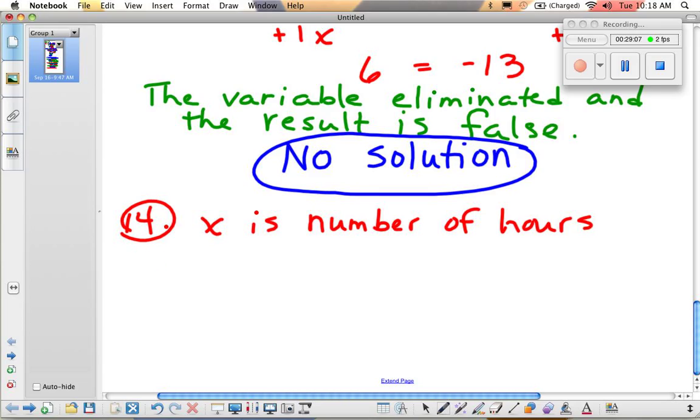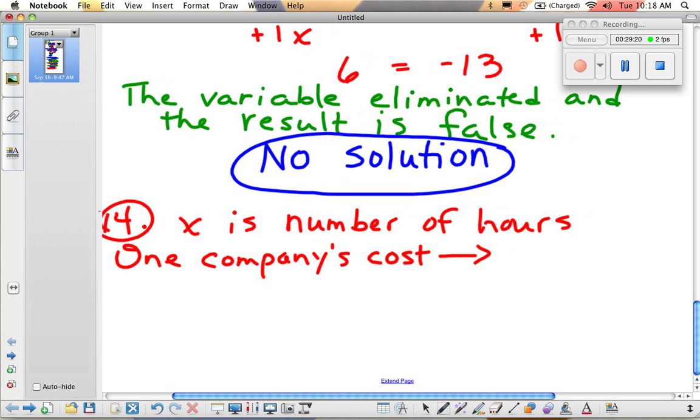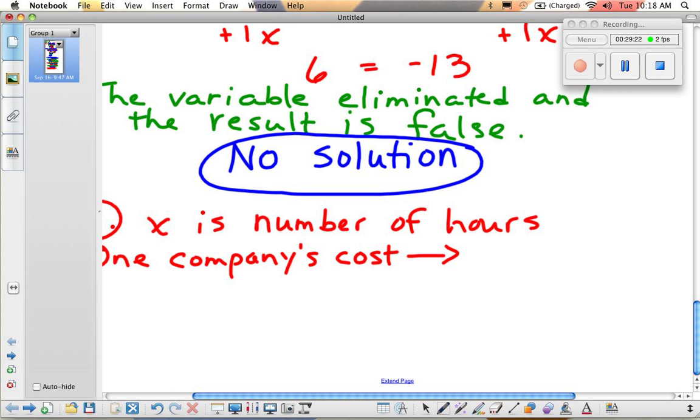So let's do this. One company's cost. Did they give these companies names? No, it's just a house painting company and then another painting company. So one company's cost, that first company, charges $376 plus $12 per hour.